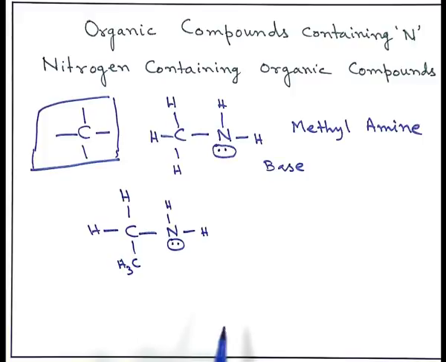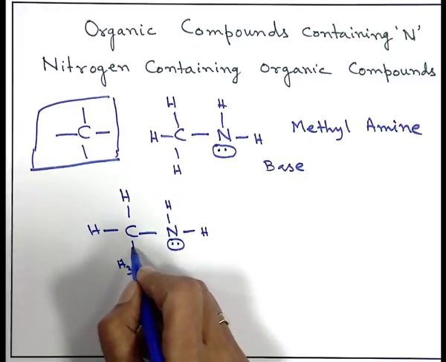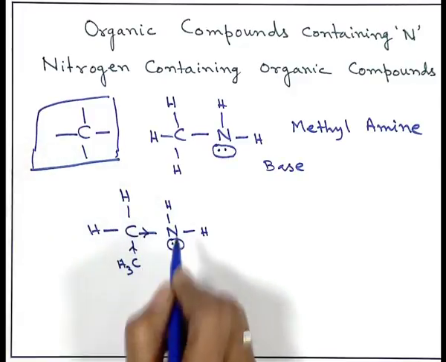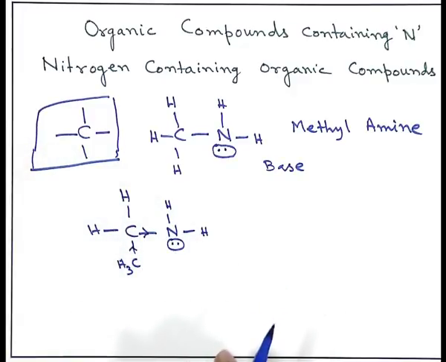So, this is some sort of molecular weight increase, substitution increase, by which in some way the electron density of the nitrogen atom will also increase. So, if I compare the basic character, this will be more basic than the previous one.